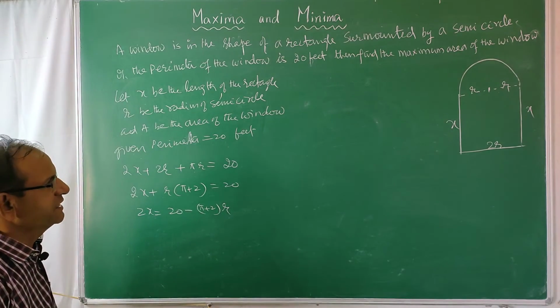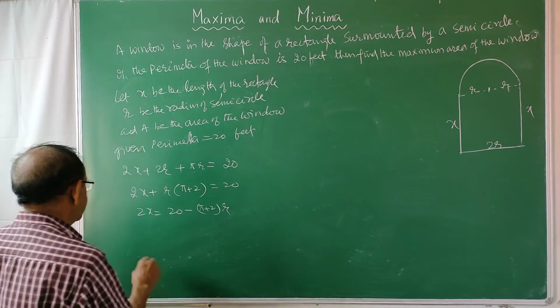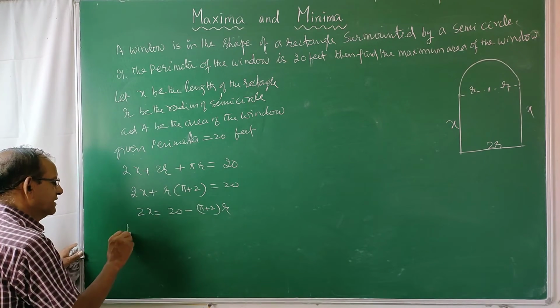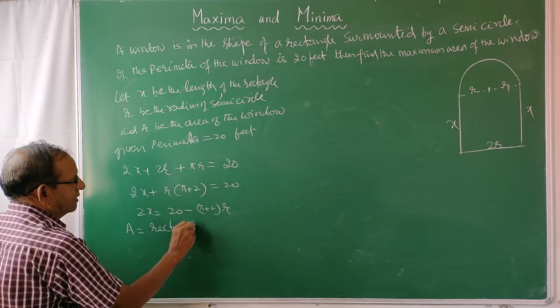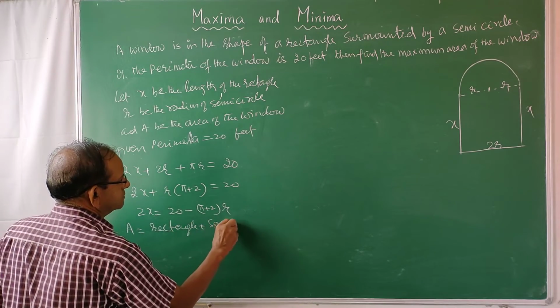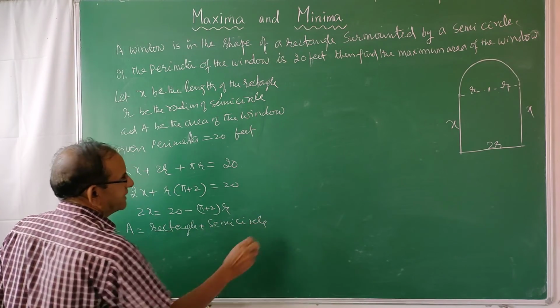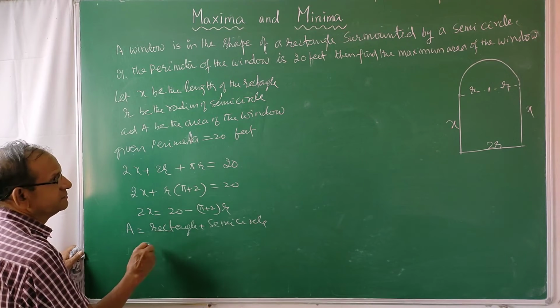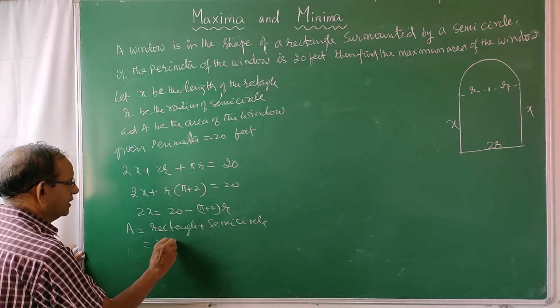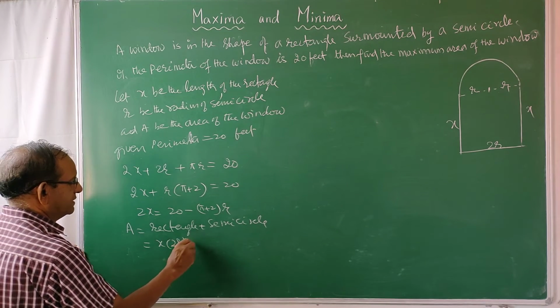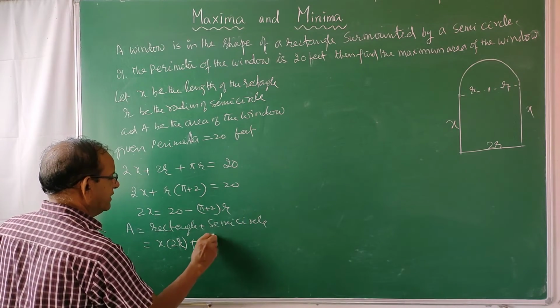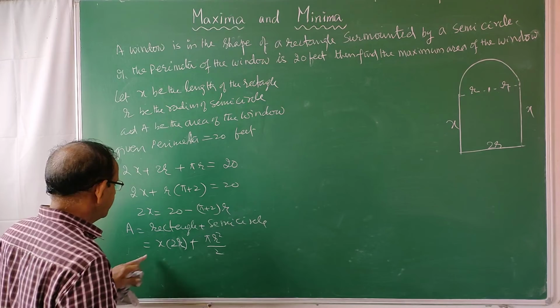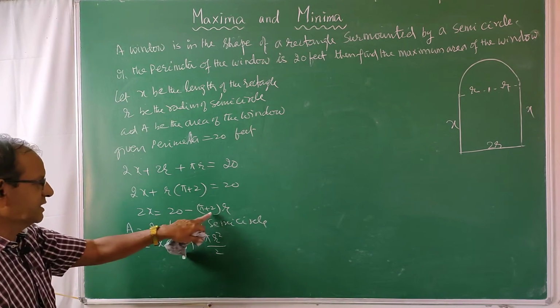Now let us take the area. A is equal to rectangle plus semicircle. Rectangle area is length into breadth, that is x into 2r, plus semicircle pi r square by 2. But we have to convert 2x into terms of r.